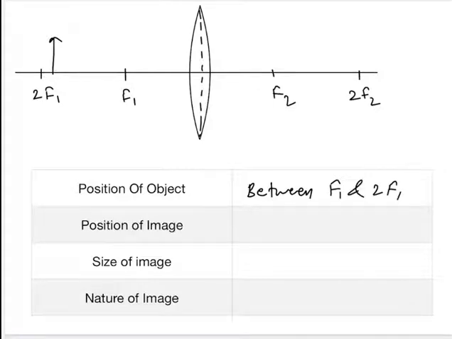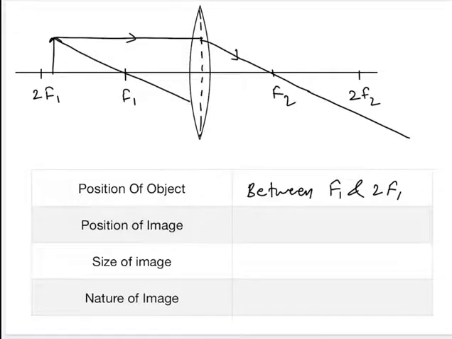So one ray parallel to the principal axis would pass through the principal focus like this, and a ray from the principal focus would pass parallel to the principal axis. And the image will be formed beyond 2f2.